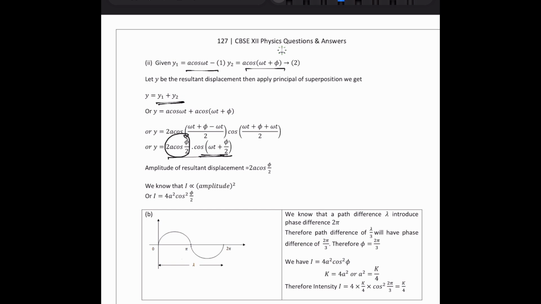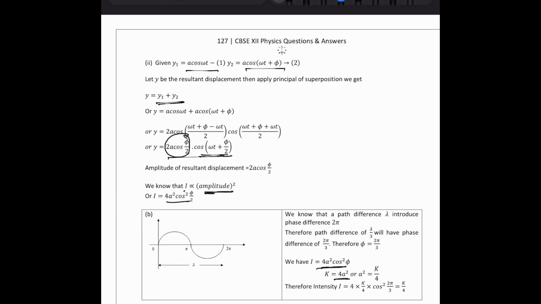We know that intensity is proportional to the amplitude square. It is 4a square cos square phi by 2. The path difference lambda is the same as explained. So the intensity is 4a square cos square phi.